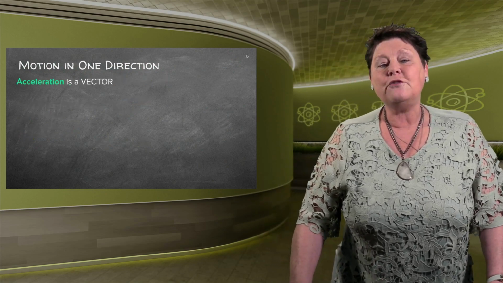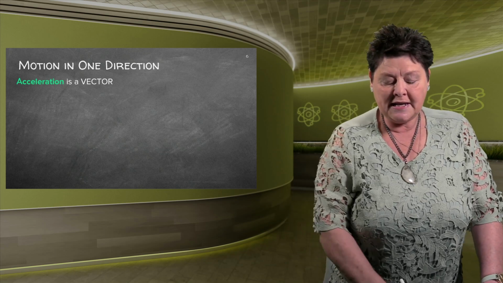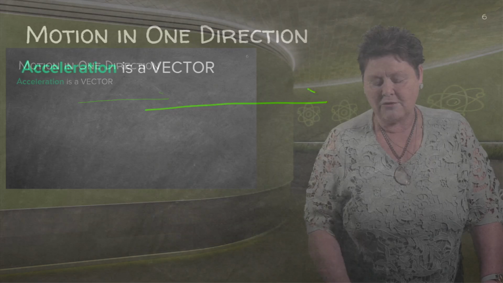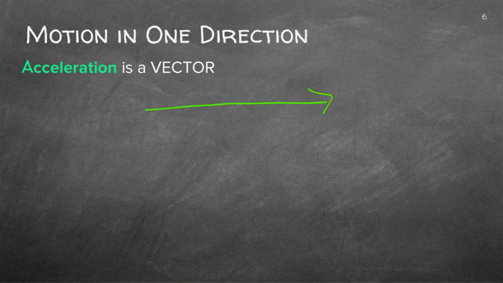Right. Acceleration is a vector. So I need to know what is the direction. Remember, we said a scalar is any quantity without a direction. In terms of acceleration, we need to know this is the starting velocity, that is the final velocity, and this happened in that time. So we carefully have to write down the acceleration is the change in velocity over the change in time.